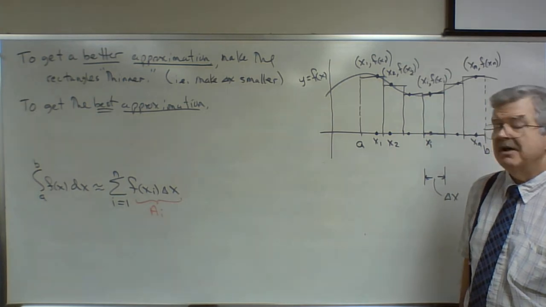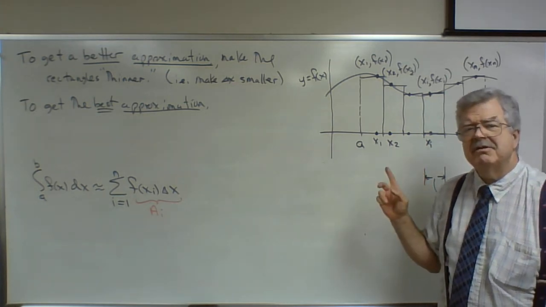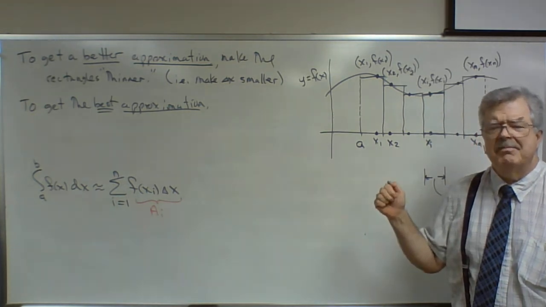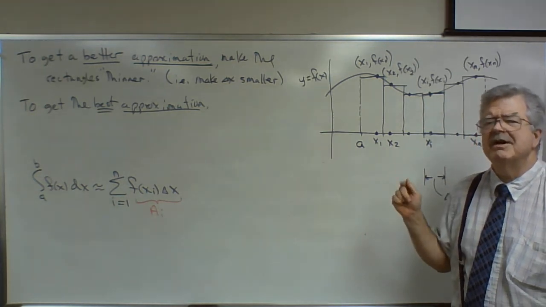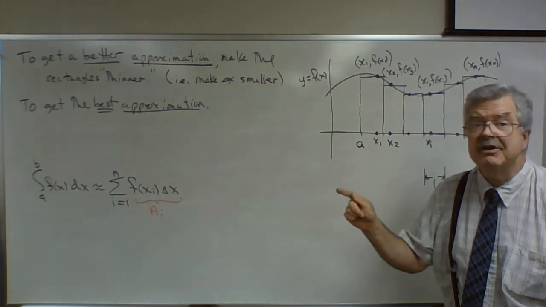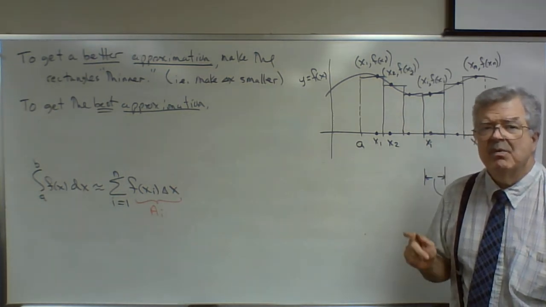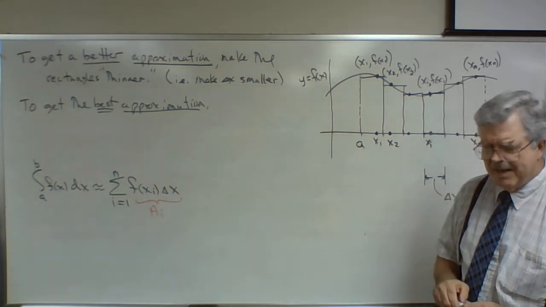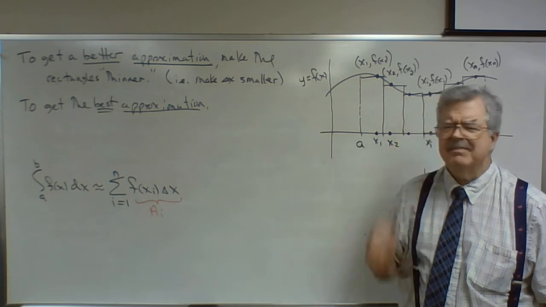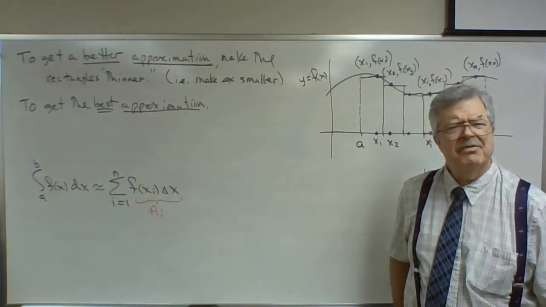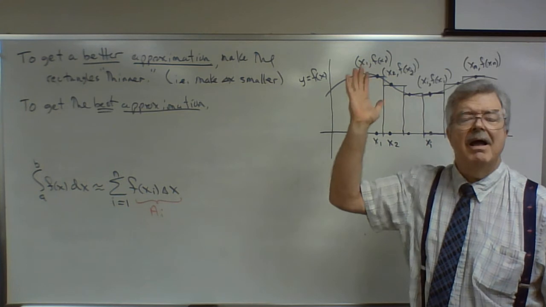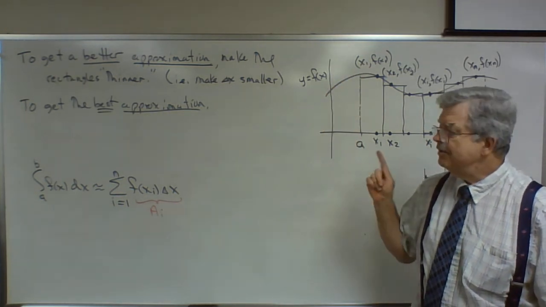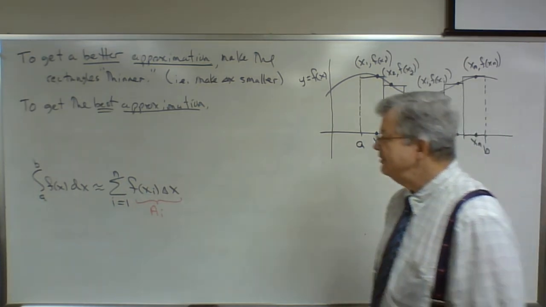And we realized, aha, we want delta x to get as close to 0 as possible without actually becoming equal to 0. And at that point we said, where have we heard that before? We're talking about a limit. Compute the limit as delta x goes to 0.